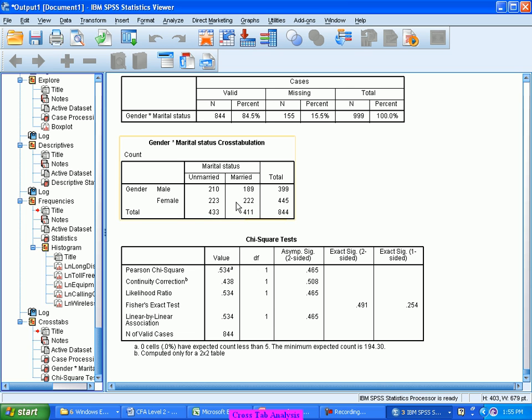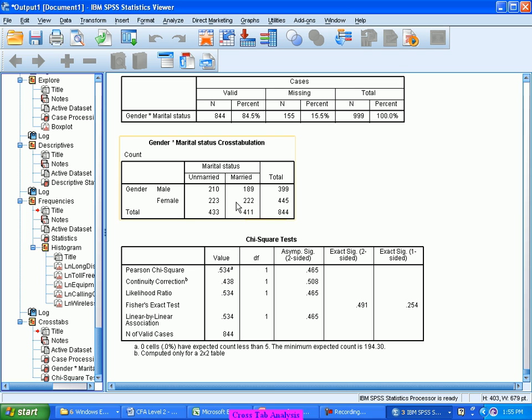Let's say for male and unmarried, the unmarried total is 433. For this slot, the expected number is the row total multiplied by the column total, divided by the grand total. This is the expected number if there has to be a uniform distribution.